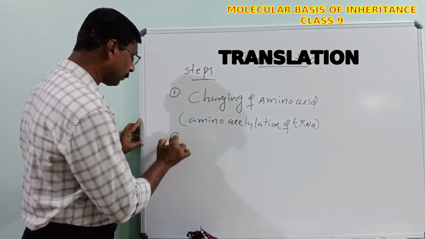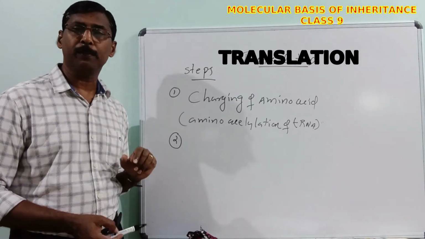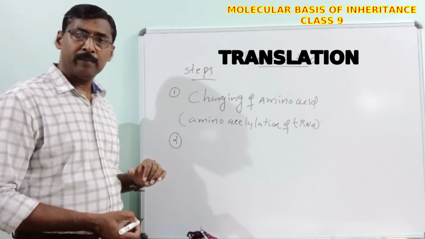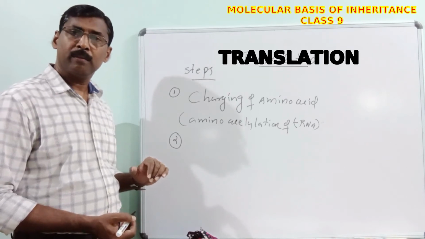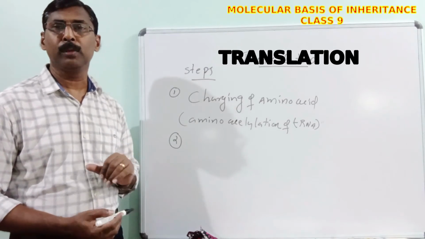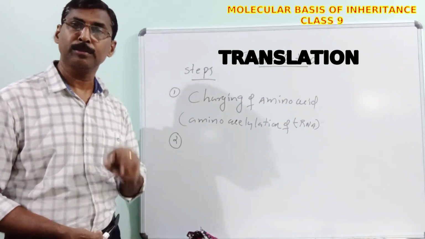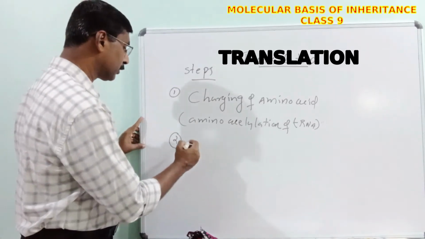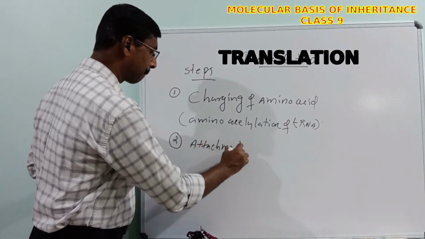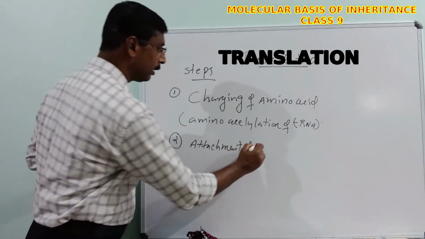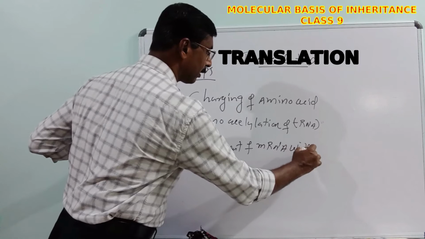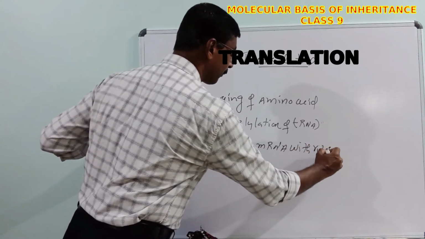Now the second step in the process of translation is combination of messenger RNA with a ribosome, or attachment of mRNA with the ribosome.